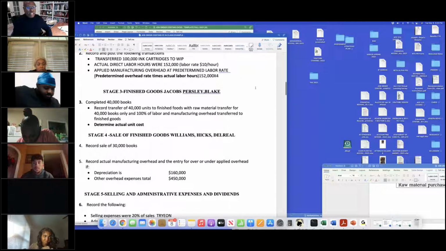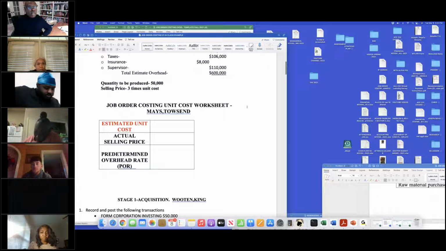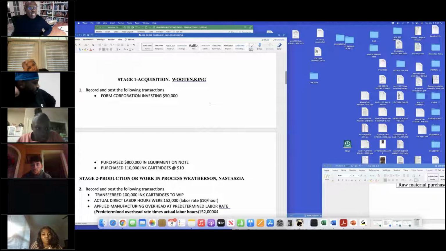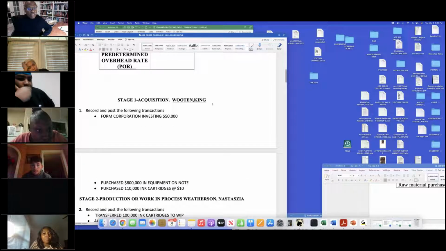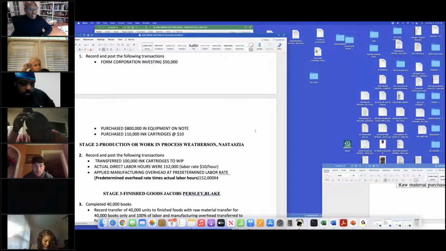Mays and Townsend, job order, the first part. Then Wooden and King, stage 1. Weatherspoon and Natasha, stage 2. Pursley and Blake, stage 3.